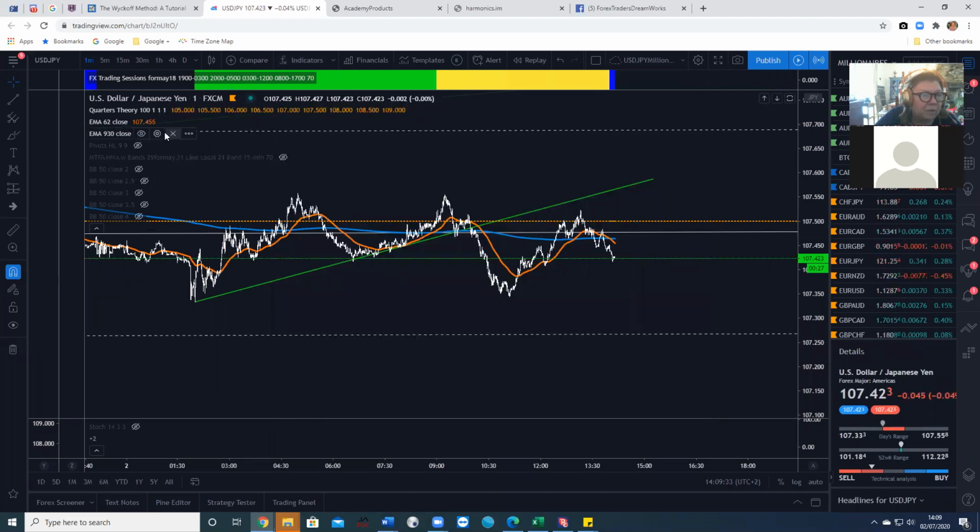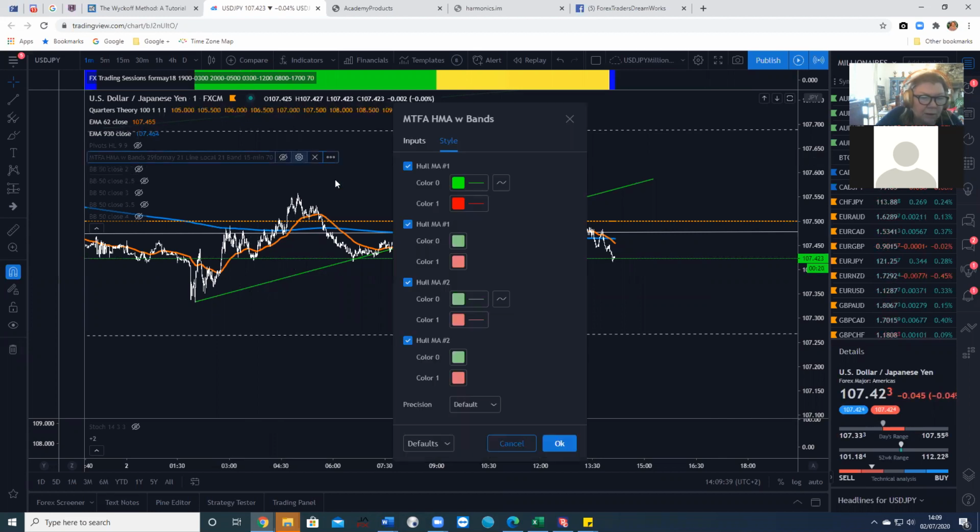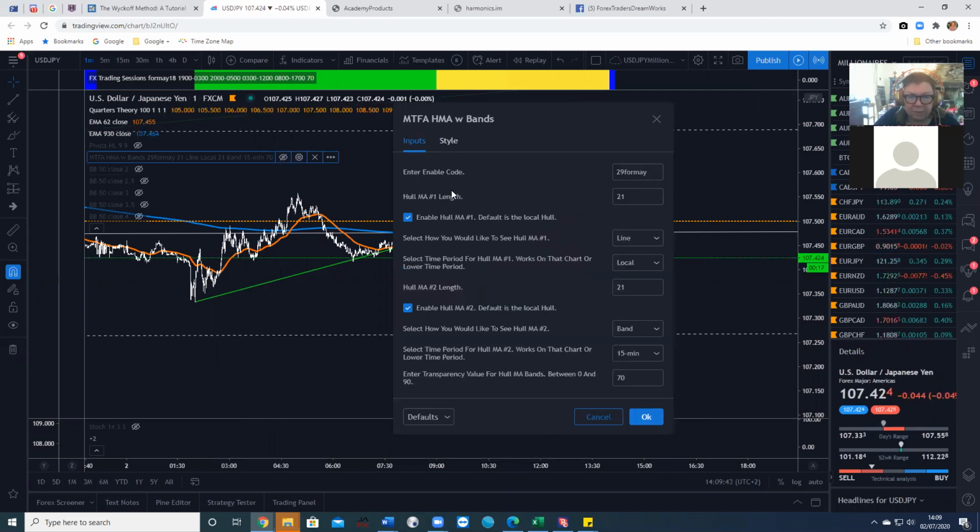So if I come onto the settings for you, once you've put it on. Inputs, that's the enable code, 29 form A, length 21. Tick the box for number 1 with line, because that gives you the line going through price on the 1 minute.